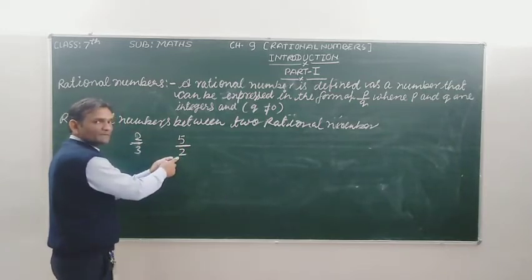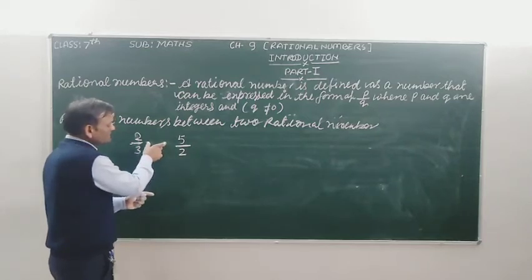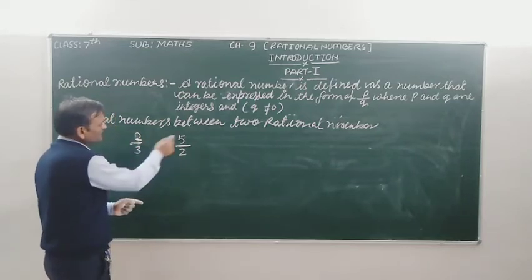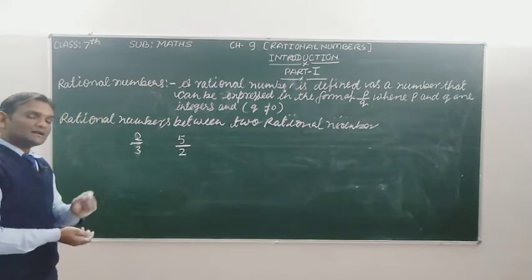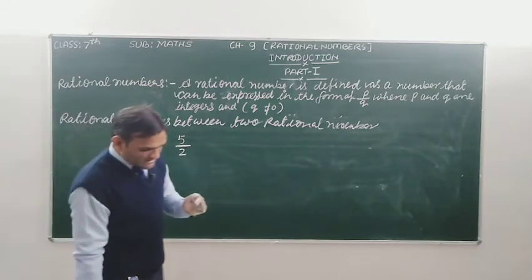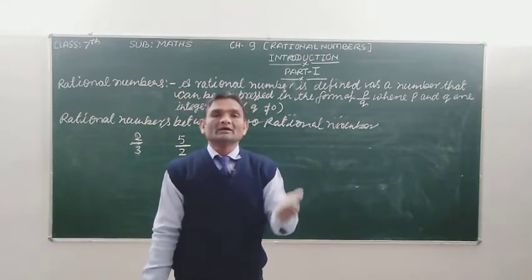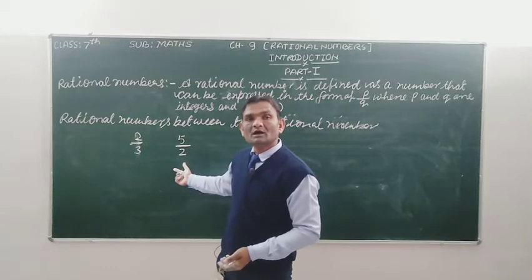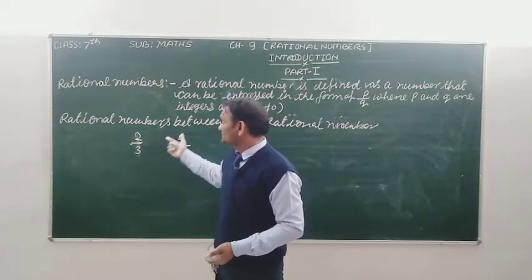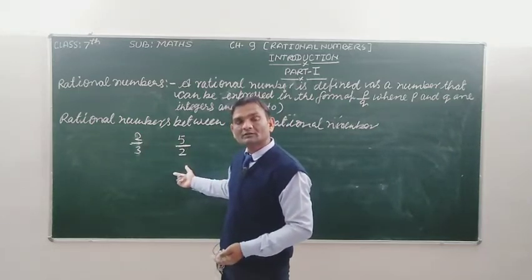This is the question: how many rational numbers are between 2/3 and 5/2? Or the question can ask you like this: write 4 rational numbers between 2/3 and 5/2, or 2 rational numbers between 2/3 and 5/2.